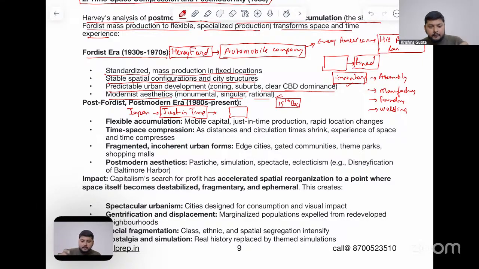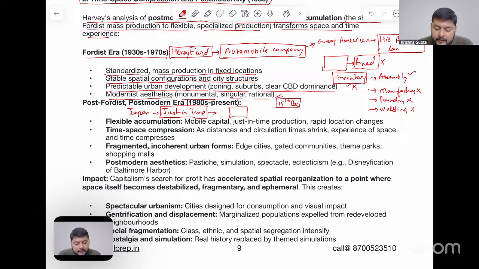And जैसे ही 15th of December है, I will start assembly and within 1 week I will be producing 1,000 cars. अब यहाँ पे चीजें क्या हुई कि असेंबली की मुझे सिर्फ जरूरत है, इन्वेंट्री की जरूरत नहीं है, फिक्स सिस्टम की जरूरत नहीं है, मैन्युफैक्चरिंग की जरूरत नहीं है, फाउंड्री की जरूरत नहीं है, वेल्डिंग की जरूरत नहीं है, अदर कंपोनेंट्स की भी मुझे कोई जरूरत नहीं है.